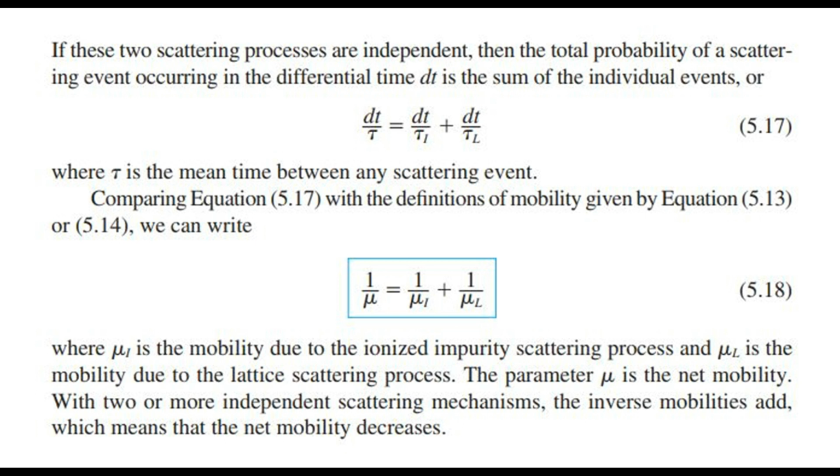Comparing equation 5.17 with the definitions of mobility given by equation 5.13 or 5.14, we can write 1 over μ equals 1 over μ_I plus 1 over μ_L, where μ_I is the mobility due to the ionized impurity scattering process and μ_L is the mobility due to the lattice scattering process. The parameter μ is the net mobility. With two or more independent scattering mechanisms, the inverse mobilities add, which means that the net mobility decreases.